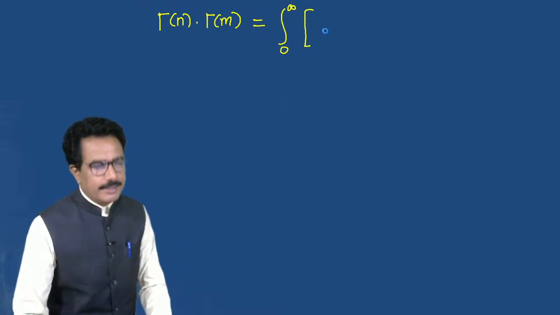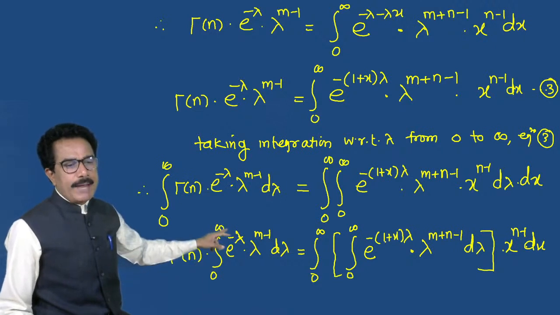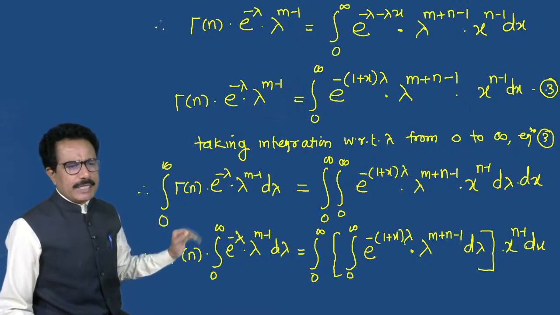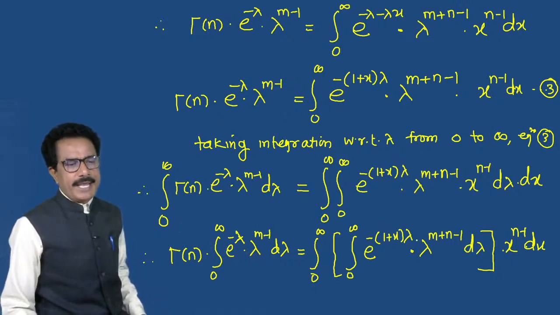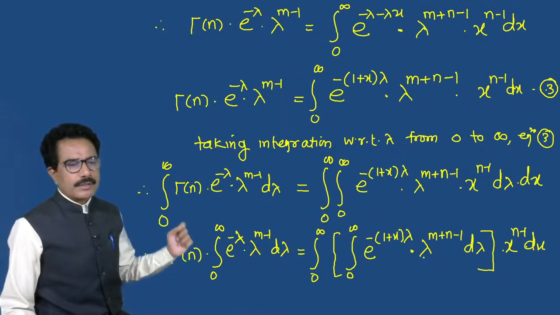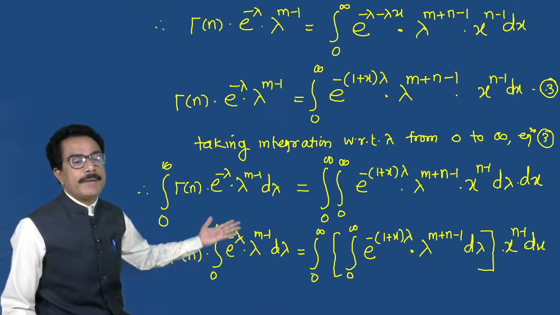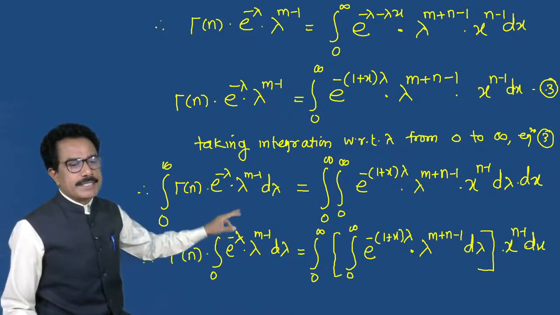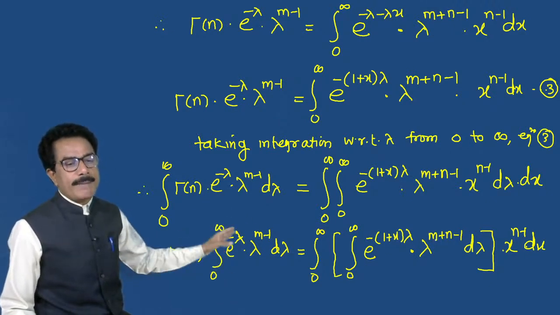So in the bracket, now check this internal integral. Now use the property here, e raised to minus lambda x. Suppose we take this bracket as lambda. Temporarily consider lambda for this integration: e raised to minus lambda x into lambda raised to m plus n minus 1 dx. If we treat lambda as x, then e raised to minus k into x into k raised to m plus n minus 1 into dk.